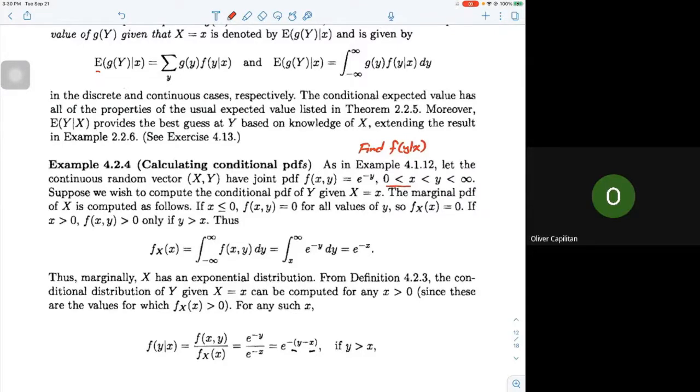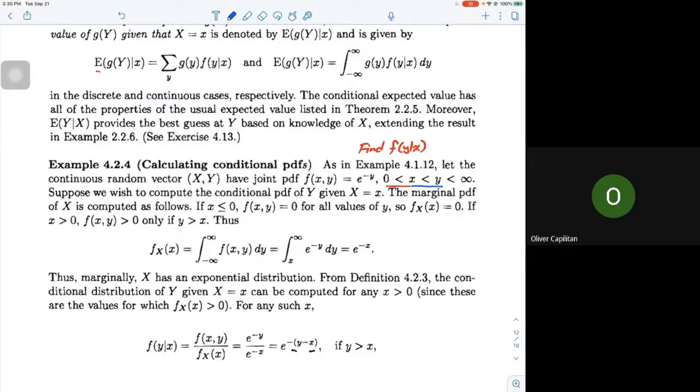But if x is positive, then our joint PDF will be positive only if y is greater than x, or when x is less than y.